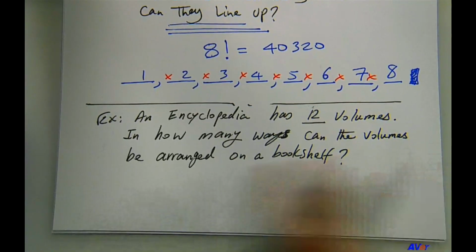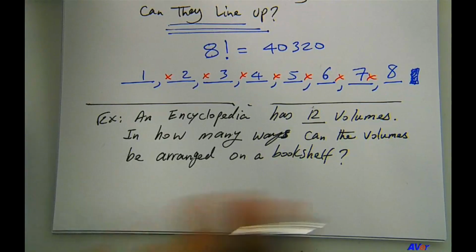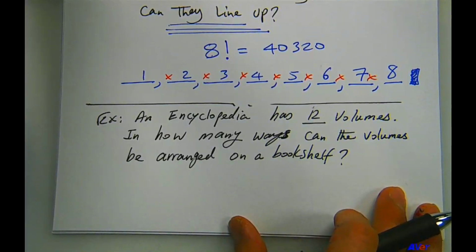So here we have 12 volumes on a bookshelf. Does it matter where they end up? Yes, right? The order matters. If volume 1 is first and then volumes 2 and 3 and so on, that's a different order for these 12 volumes than if you have volume 7 first and then volume 10 and so on. So the order of arranging this on a bookshelf does matter.